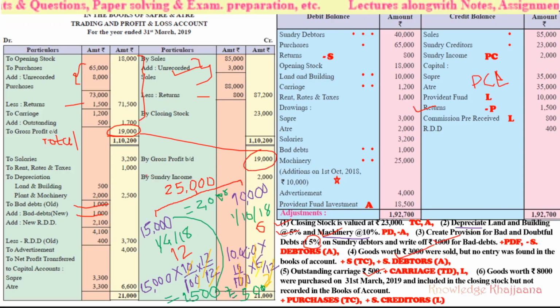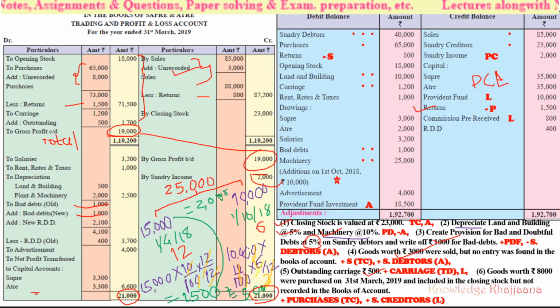Only one additional item is there, sundry income, on the profit and loss account credit side. After adding this item, the total of the profit and loss account credit side is rupees 21,000. So we will write the same total on the debit side of the profit and loss account.